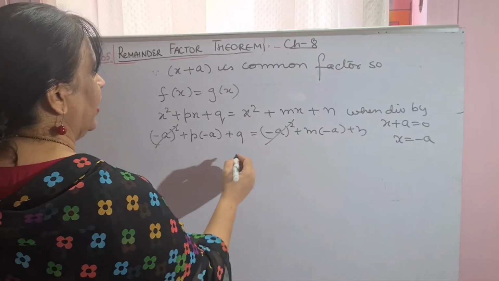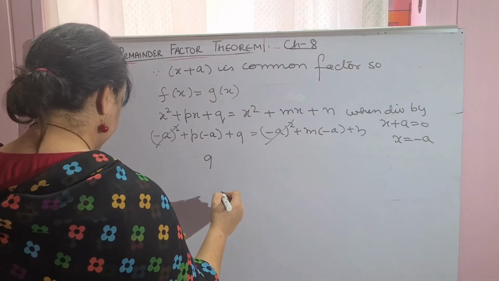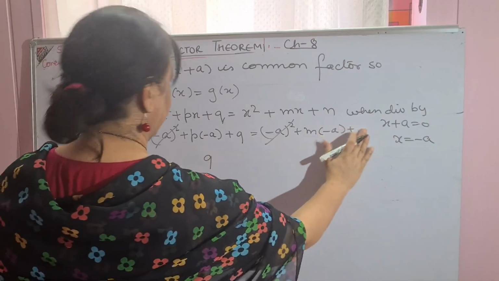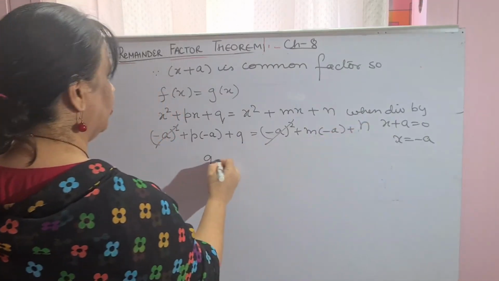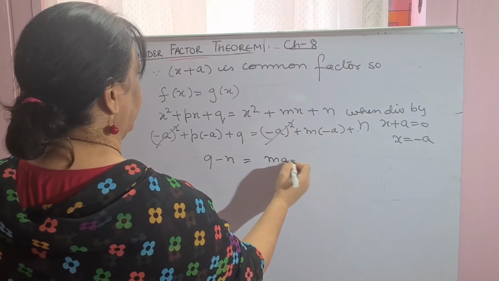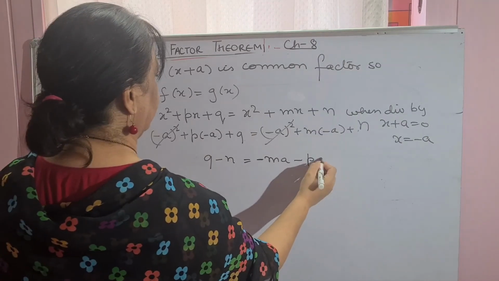This will be, you take the a on one side, q minus, this is n. So q minus n is equal to ma minus pa.